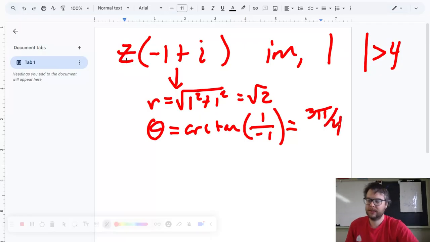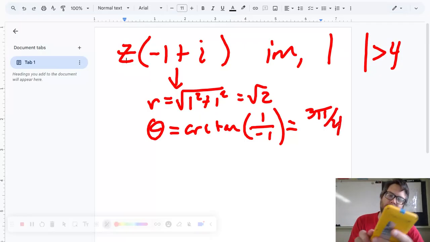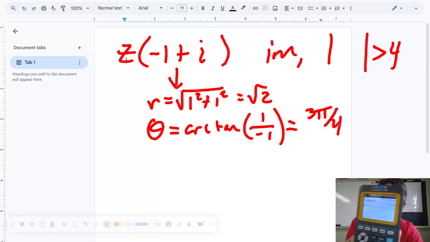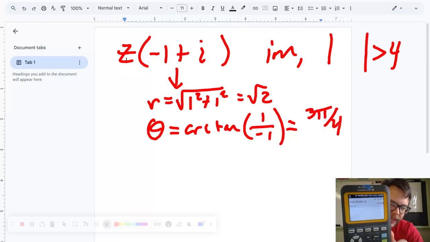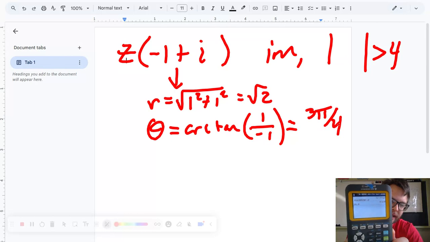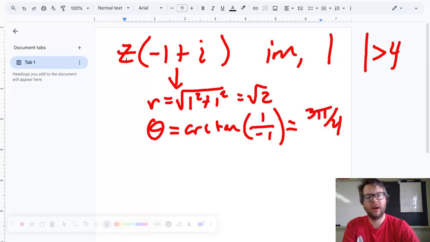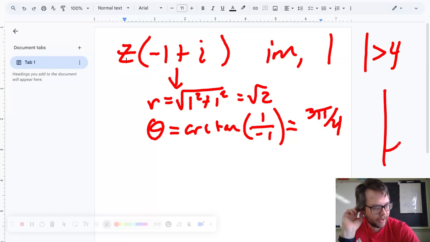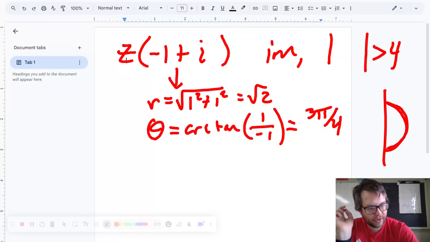Be careful because I just want to point this out. If you grab your calculator and you do the arctan of negative 1, it tells you negative a quarter pi, so you have to add pi to it because, again, arctan has a range, but we knew that our complex number was right there.